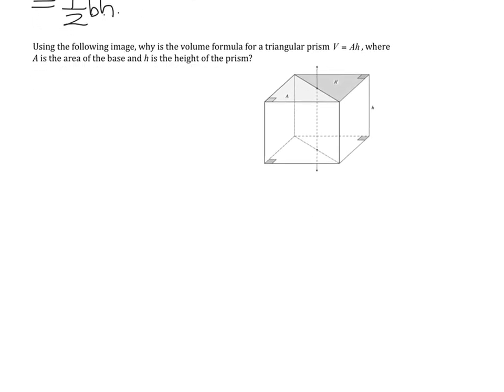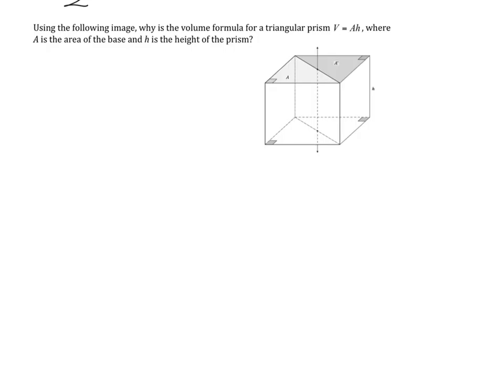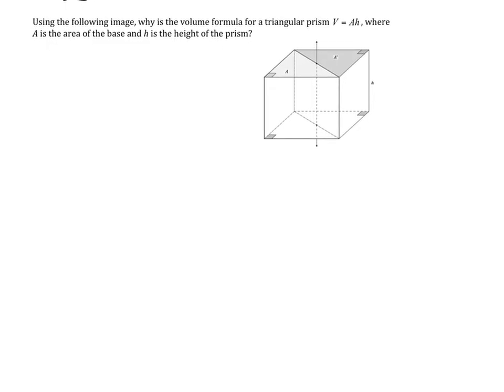Using the following image, why is the volume formula for a triangular prism V equals capital A times H, where A is the area of the base and H is the height of the prism?